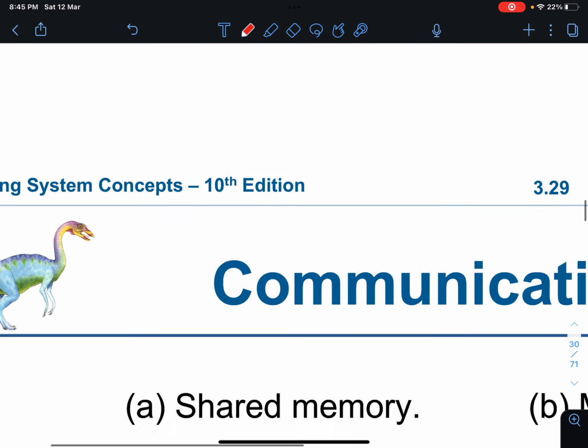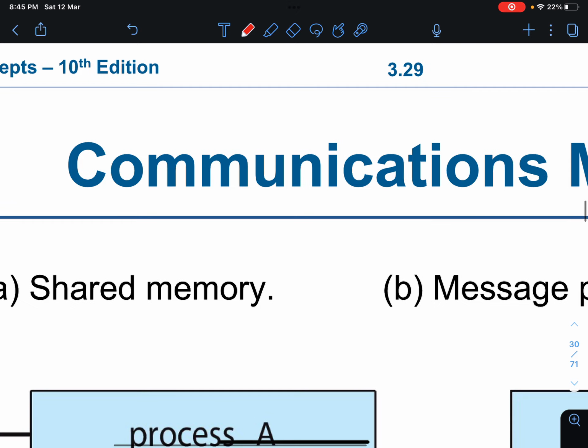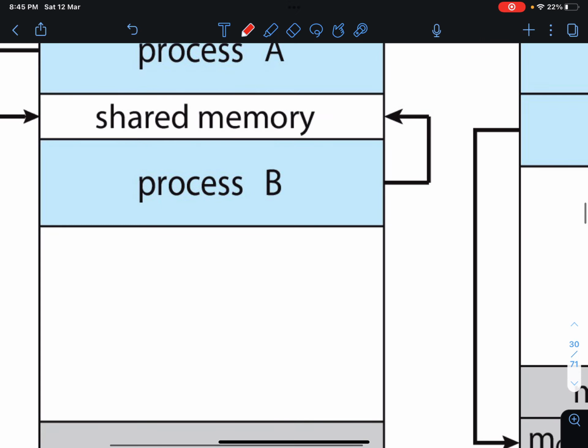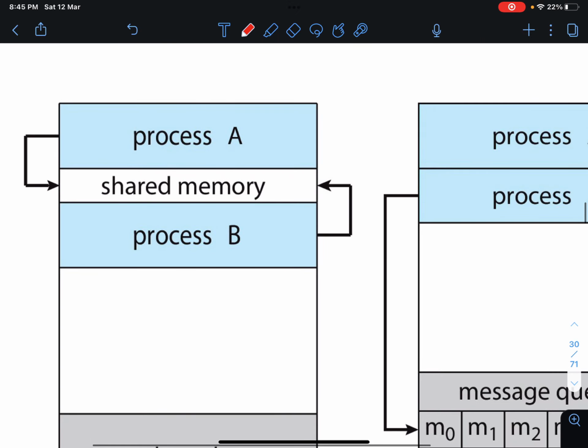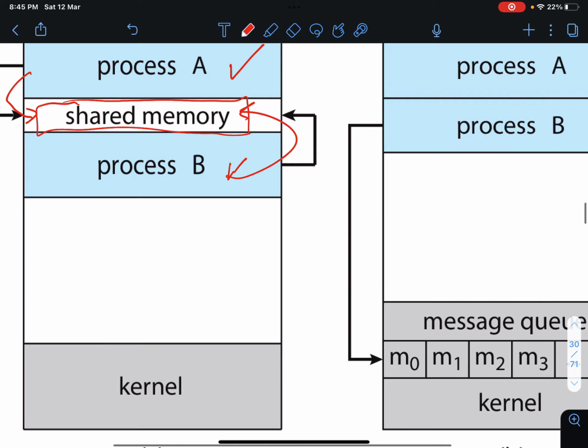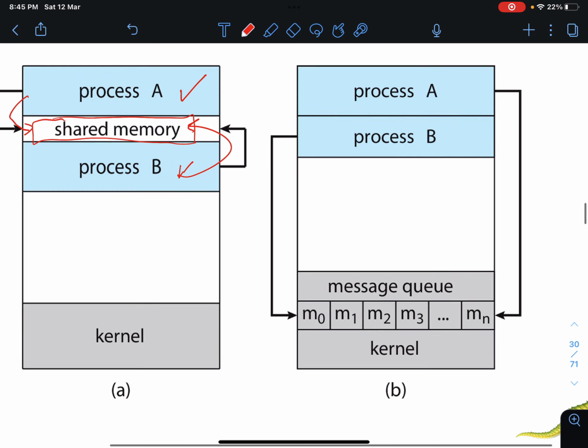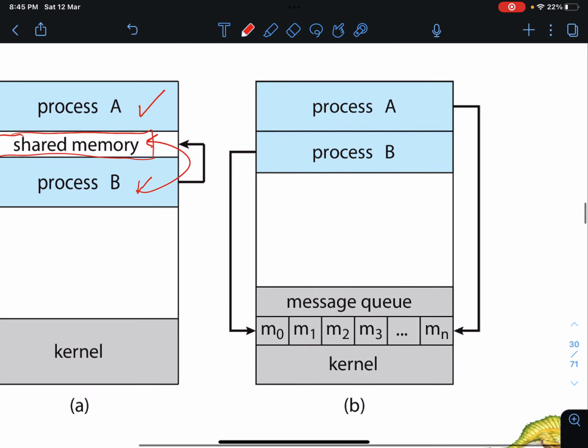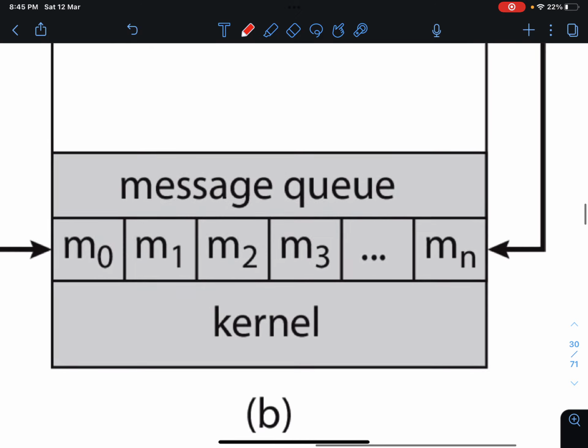All right, now let's see how every model works. Here is process A, here is process B, and they have, do you see, shared memory. So process A writes in here, process B reads it, and then process B responds back, and process A reads it. Shared memory between A and B. Or you have messages.